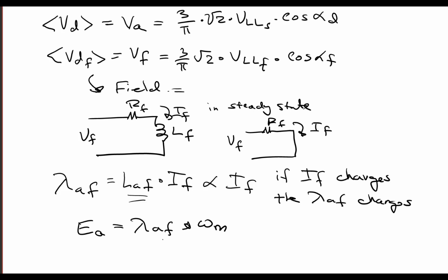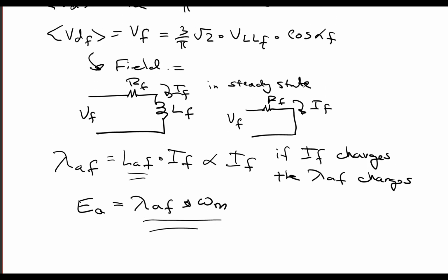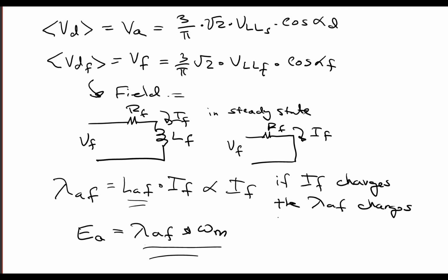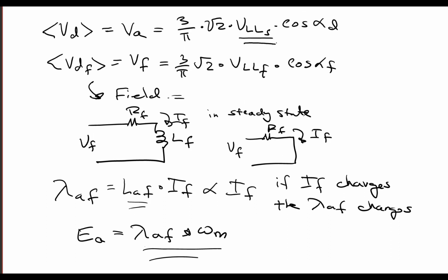So we had to weaken, I believe it was where we were going to a higher speed, or were we reversing the speed in that question, Mike? Speed was doubling. Yeah, you're doubling. Okay, so if the speed doubles, you're limited in how much voltage you can apply to the motor by this V line to line source.